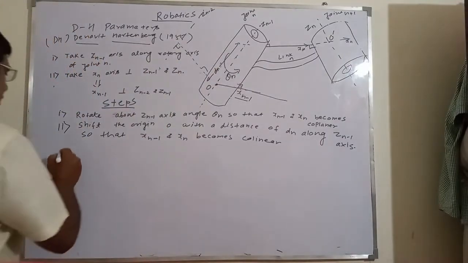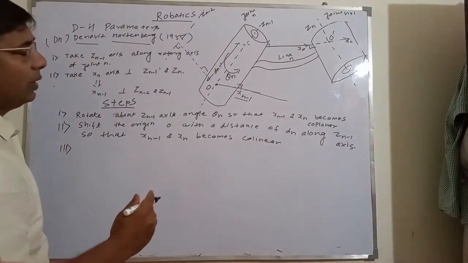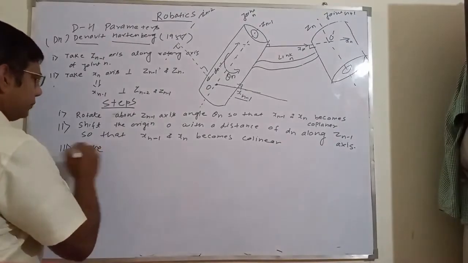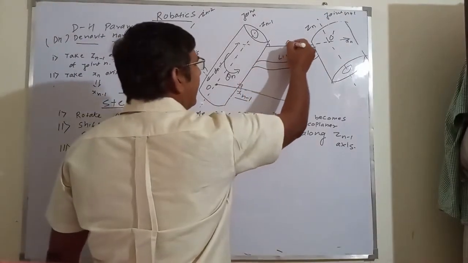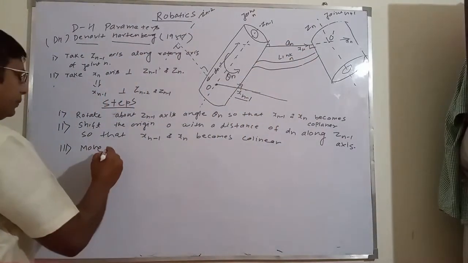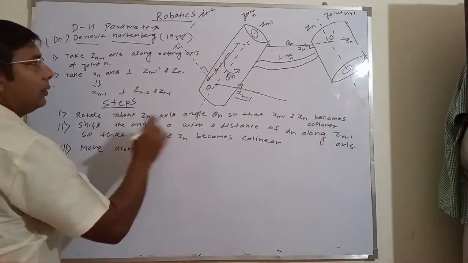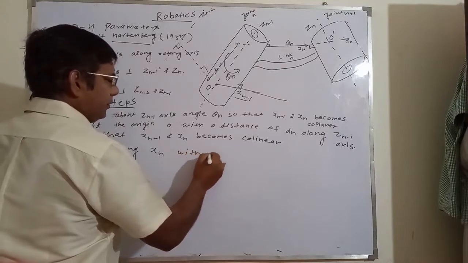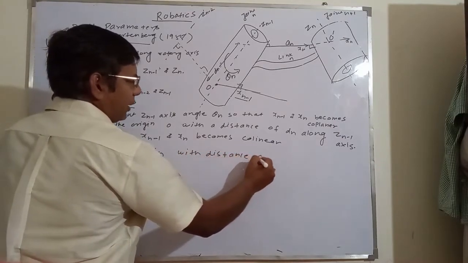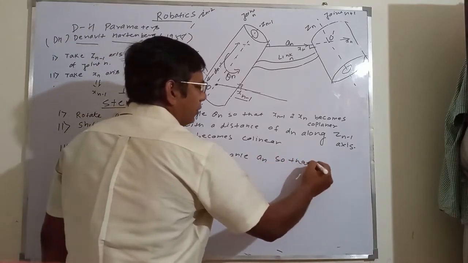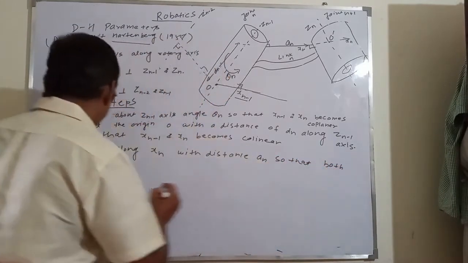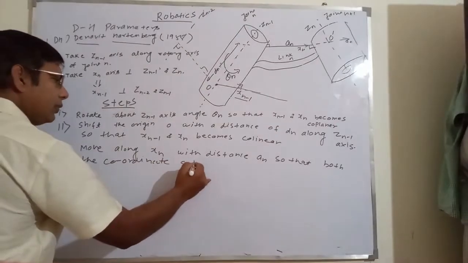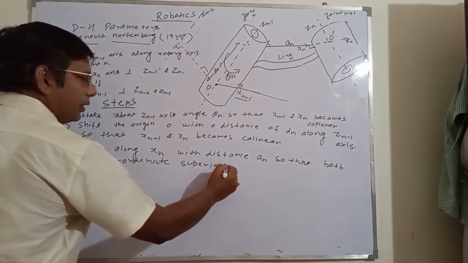Now the third step we can take as: move along xn a distance an, the link length an, so that both the coordinate frames are superimposed.